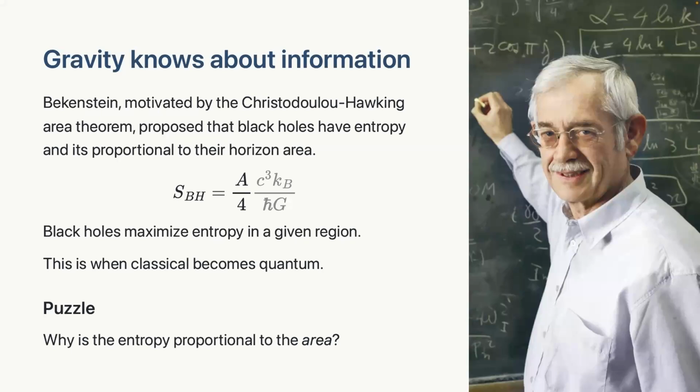This is a theorem that describes what happens to the area of a black hole, or of multiple black holes for that matter. And Christodoulou had a concept of irreducible mass, where, when you have, let's say, multiple black holes merging, you will never reduce the total area of these black holes. The area will only increase.